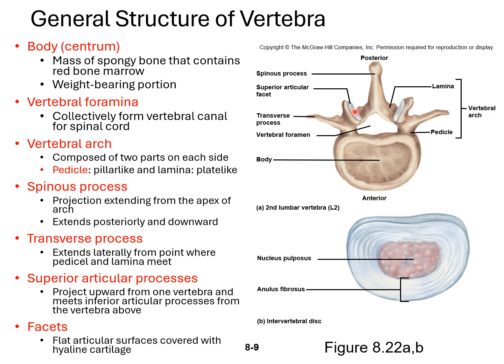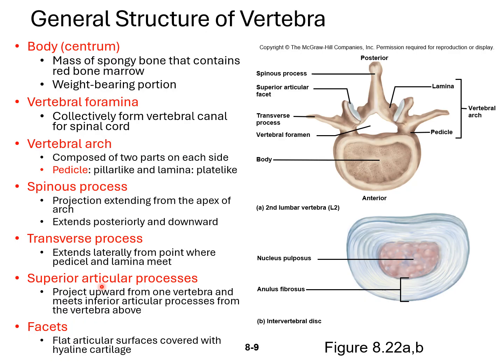You also have superior articular processes. So the superior articular processes project up from one vertebra and meet the inferior articular processes from another vertebra. These superior and inferior articular processes are the articulation point between two vertebrae.